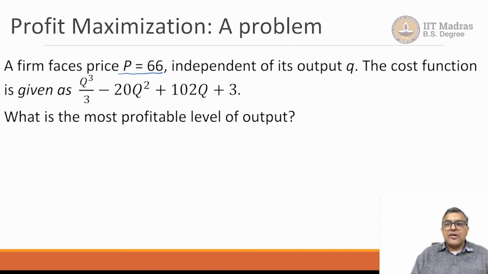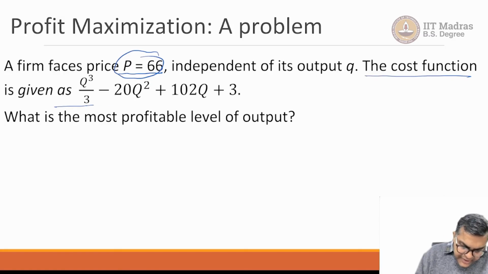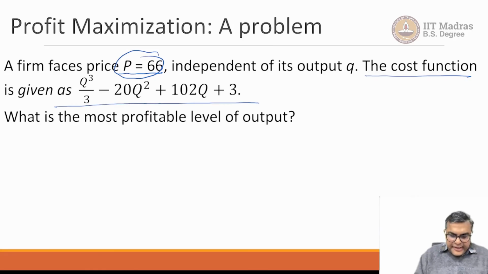But for the sake of this example, we can assume it happens when there are so many sellers and everyone is selling the same item, so price 66 is fixed and no one can change it independently. Let us say the cost function is given as this particular entity. What is the most profitable level of output? So we have to obtain Q naught, the level this firm should be producing.